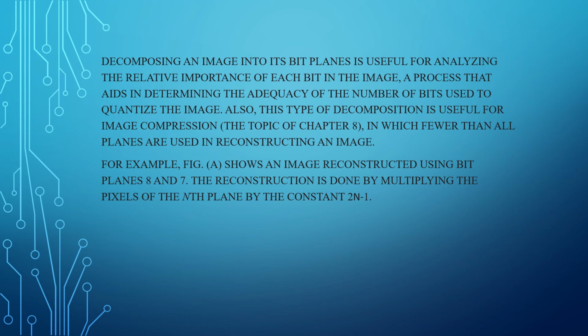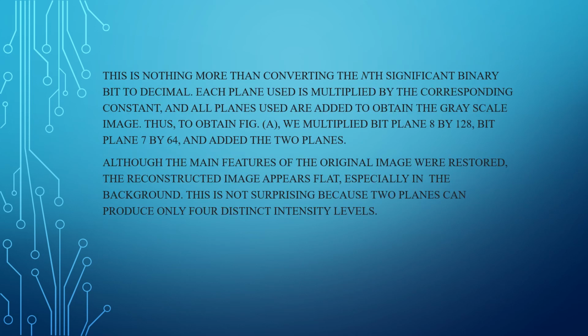For example, previously the figure A showed an image reconstructed using bit planes 8 and 7. The reconstruction is done by multiplying the pixels of the nth plane by the constant 2 to the power n minus 1. This is nothing more than converting the nth significant binary bit to decimal.